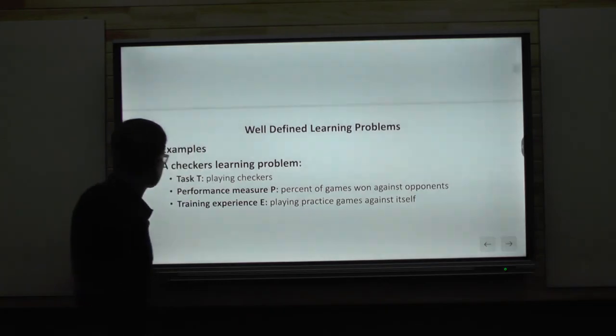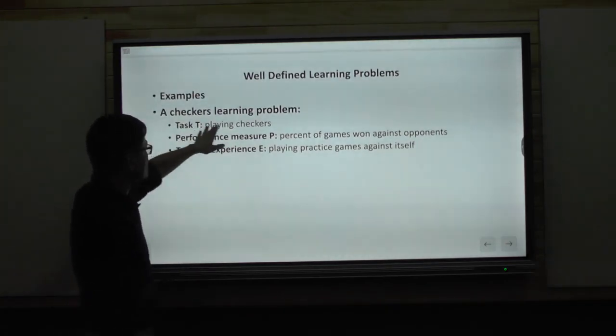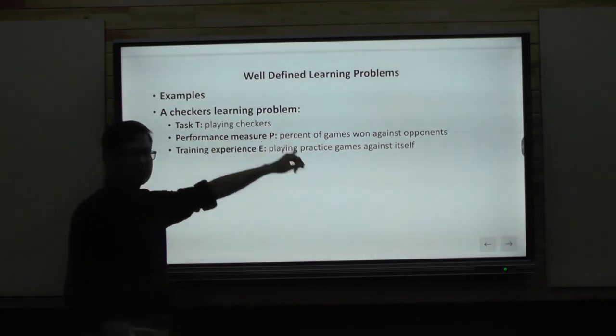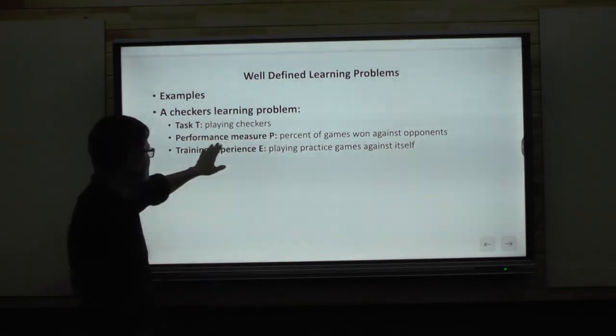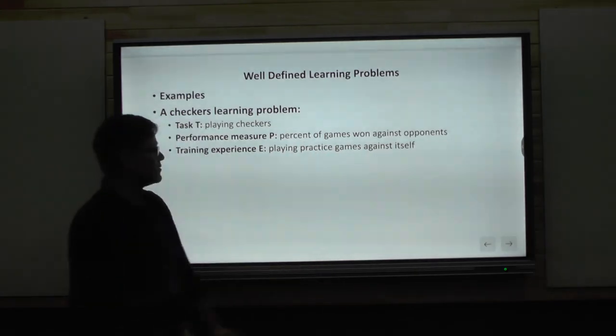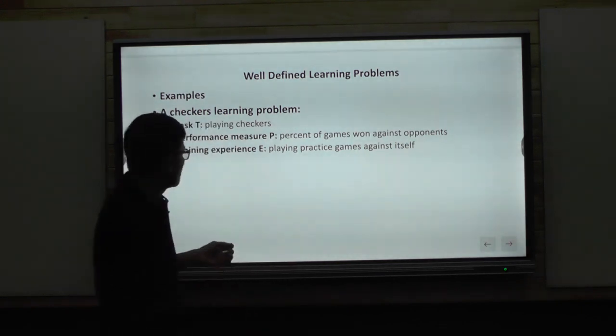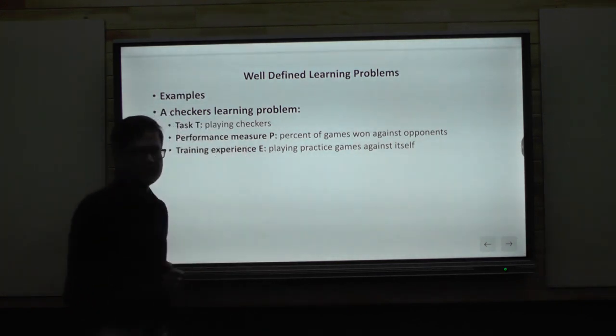So basically we can formulate this problem, a checkers learning problem: task T, playing checkers; performance measure P, percentage of games won against itself or against opponents. That would be our performance measure.